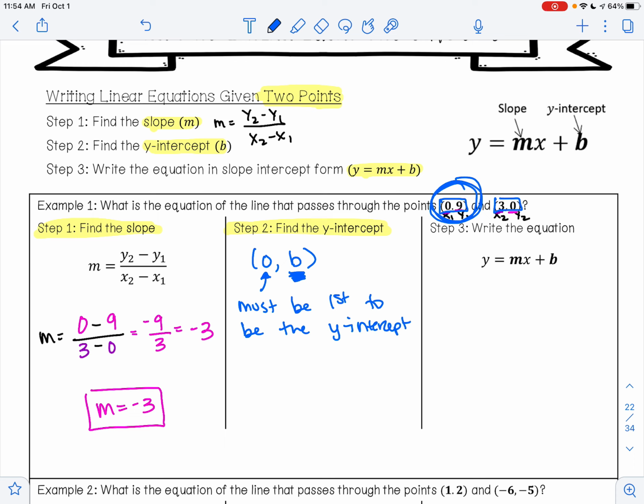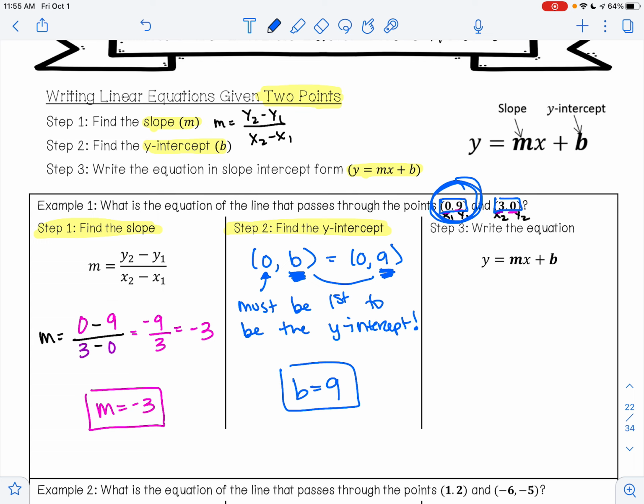That way you have it in your notes. So because 0 comes first, they're telling me in this problem that 9 is b. So b equals 9. Now they won't always give you the y-intercept, but that is okay. I will show you how to do it when they don't give you a y-intercept.